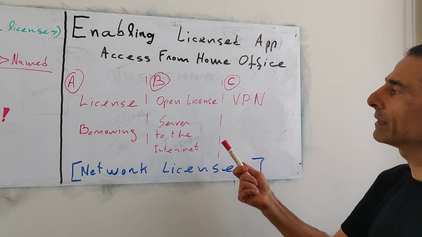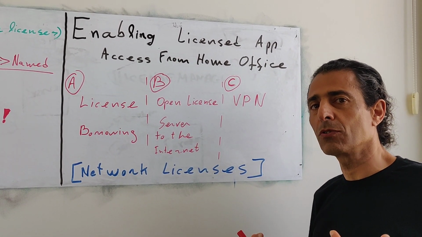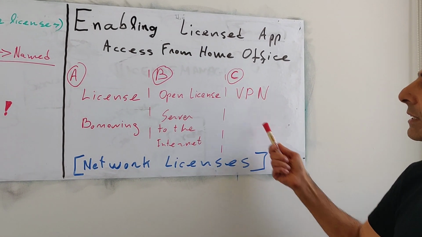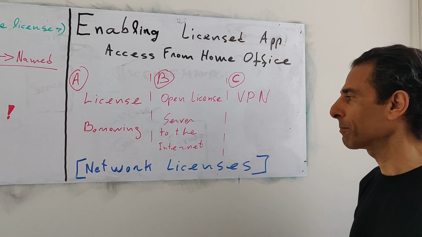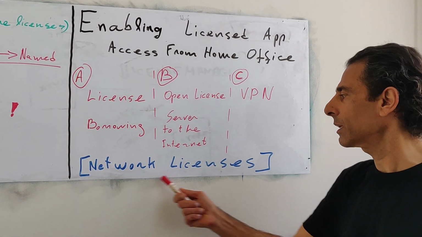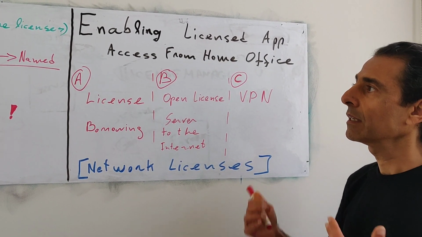Second is to open the license server to the internet so people can consume the licenses from wherever they are. And the last one is to set up a VPN. Of course, we need to remember that we're talking only about network licenses with a license server.